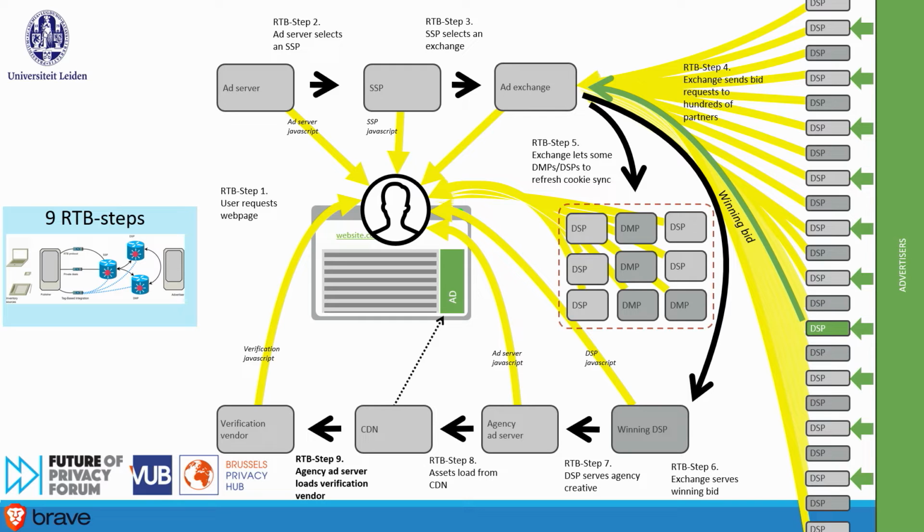A CDN is a content distribution network, which is a way to store the ad itself, the image, in different locations throughout the world. For instance, if all the servers are in Seattle and I were to load this ad from the Netherlands, it would have to go a long way in order to be shown on the web page.